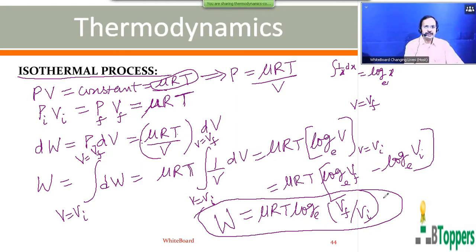So during the expansion of the gas, Vf is greater than Vi, that is, the final volume is greater than the initial volume. So Vf by Vi will be greater than 1. So the logarithm of a number greater than 1 is positive. W is positive. You can write W or delta W, anything, for the work done.